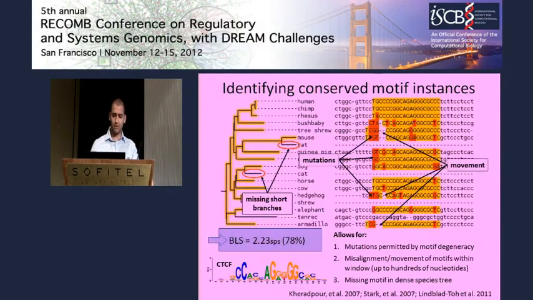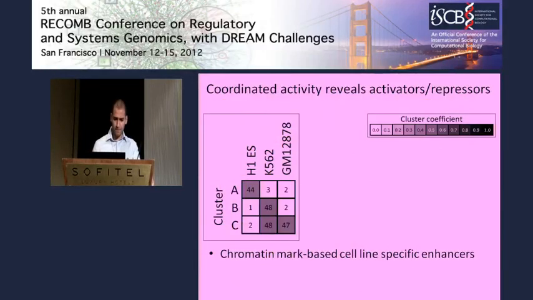Okay, so we have a pipeline for discovering motif instances using conservation, and we're going to use this throughout this work, using conservation throughout the eutherian mammals. And we also use chromatin mark-based cell line specific enhancers, which Jason will talk about more tomorrow. But basically here, we have a set of enhancers that are specific to H1ES cells.